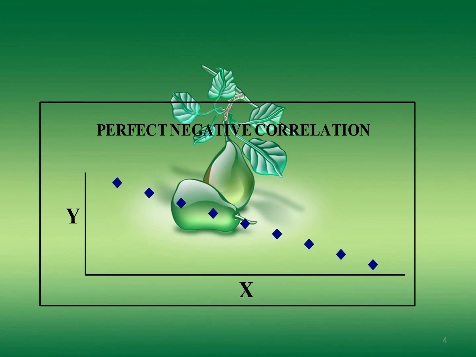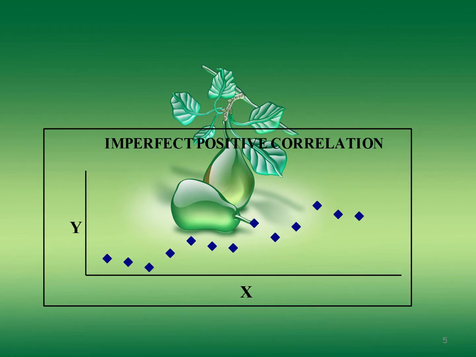Similarly, if all the points lie on the same straight line and they move from top left to bottom right, the correlation between the two variables is said to be perfect negative correlation.